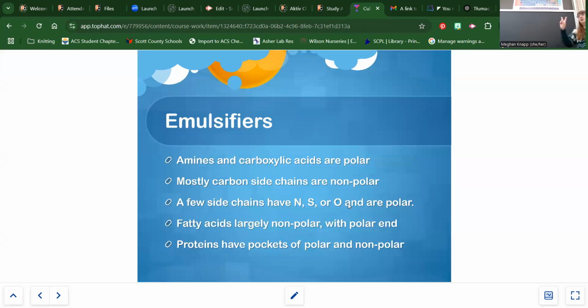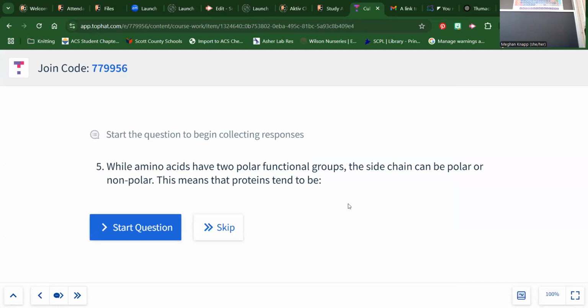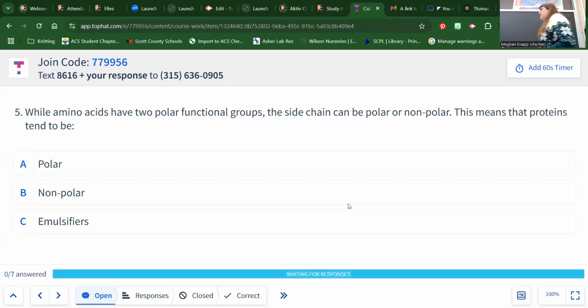So now we have 2 emulsifiers that we've talked about: our phospholipid, and our proteins. While amino acids have 2 polar functional groups, the side chain can be a non-polar one. This means that proteins tend to be, this is a, were you just paying attention moments ago question.